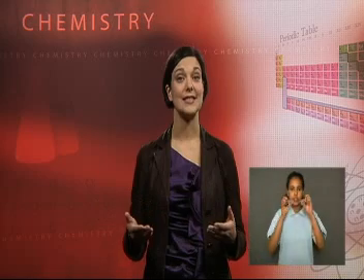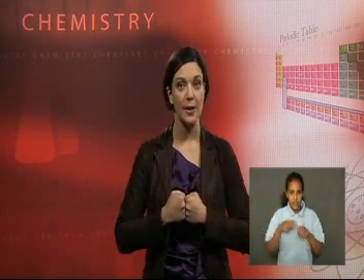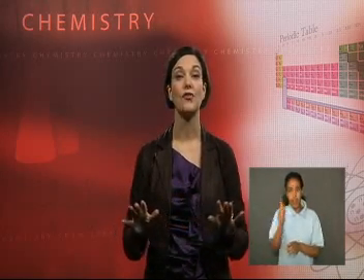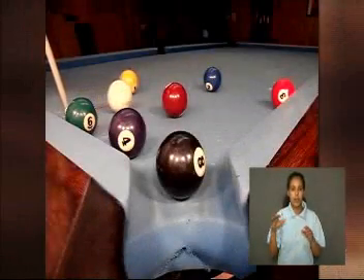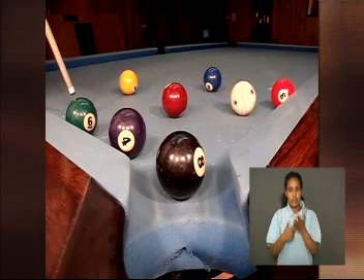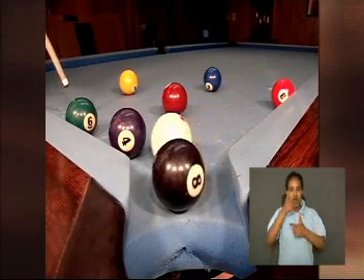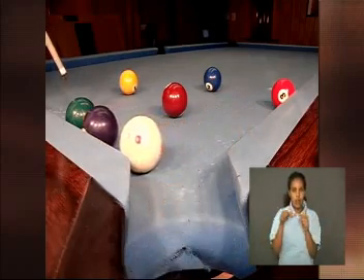Collision theory states that reacting species, such as atoms, molecules, and ions, must first collide before any sort of chemical reaction can take place. This means that these species have to come into contact with one another.